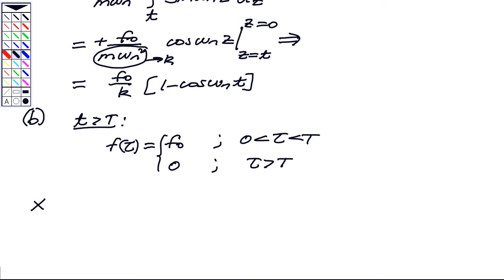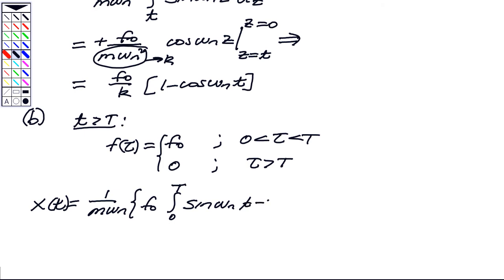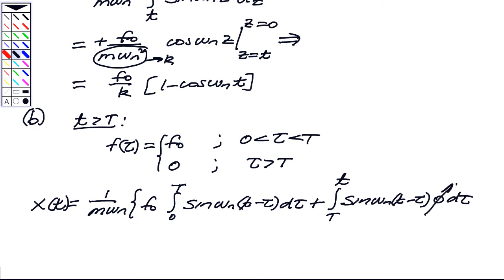Therefore, our convolution integral becomes 1 over m omega n. We have f naught coming out as a constant, so this is 0 to T of sine omega n (t minus tau) d tau, and then the integration from T to small t of sine omega n (t minus tau), but in this region the forcing is equal to 0, so we simply lose that last term.